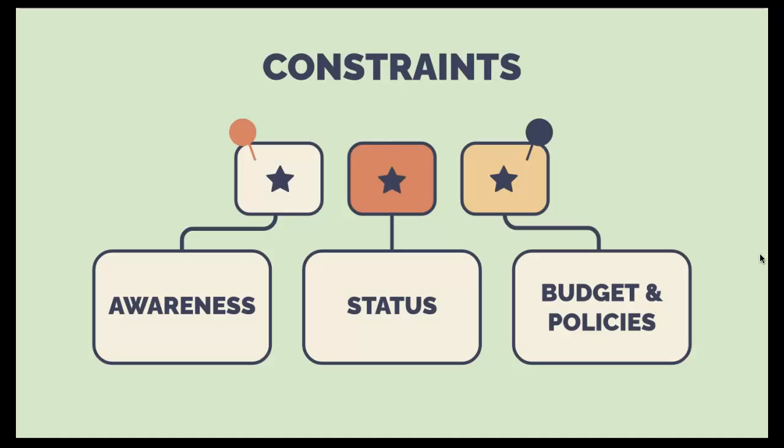Another constraint was status as a student and student worker. I had to think through what I could realistically do, especially in such a short time frame. And then another constraint was budget and policies. So some people mentioned growing our physical or our digital collections and subscribing to more journals, and I know for a fact that just will not happen.